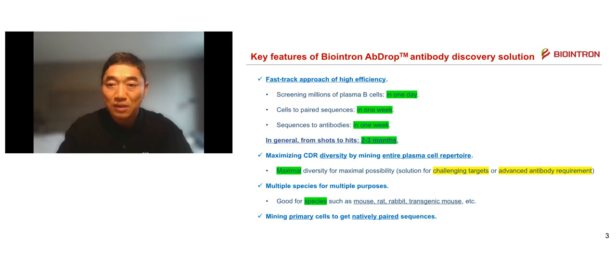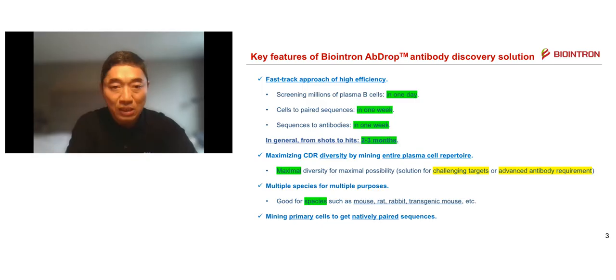In the coming 10 to 15 minutes, I will share 9 case studies with you. From these case studies, you will see that Biointron's AbDrop, this single bead antibody discovery solution, holds very unique key features that separate it from any other traditional antibody discovery solution.